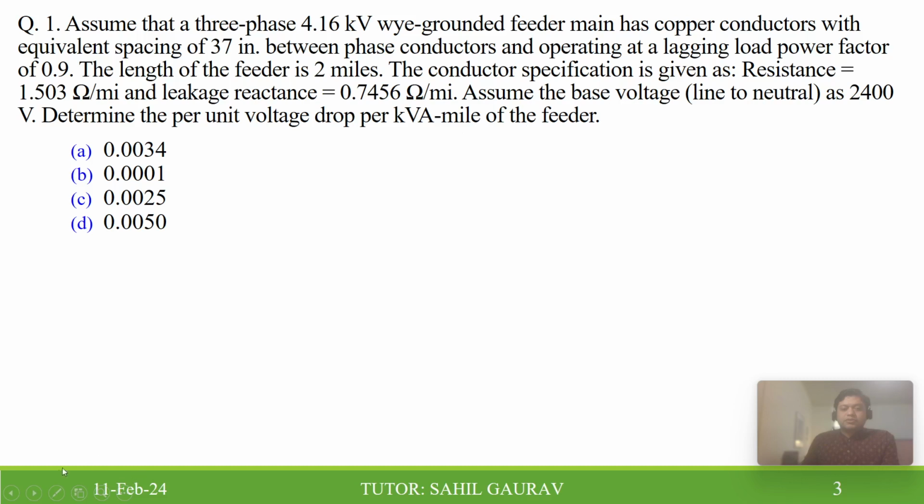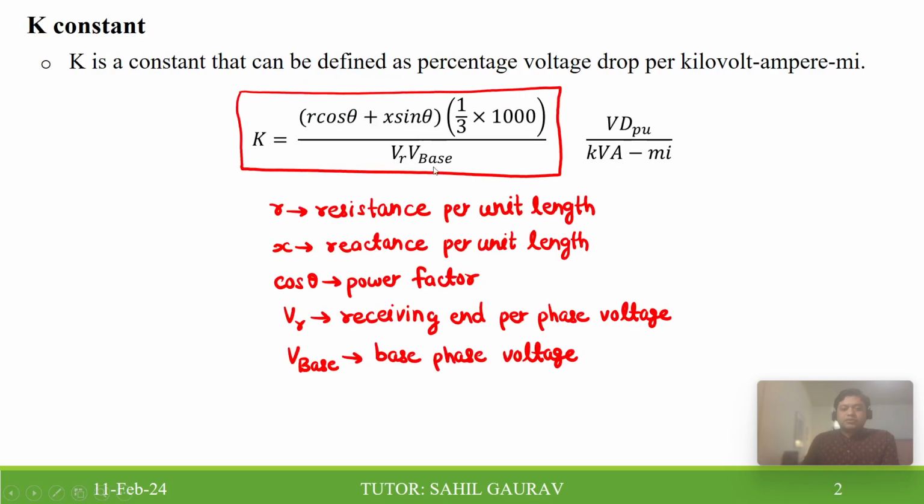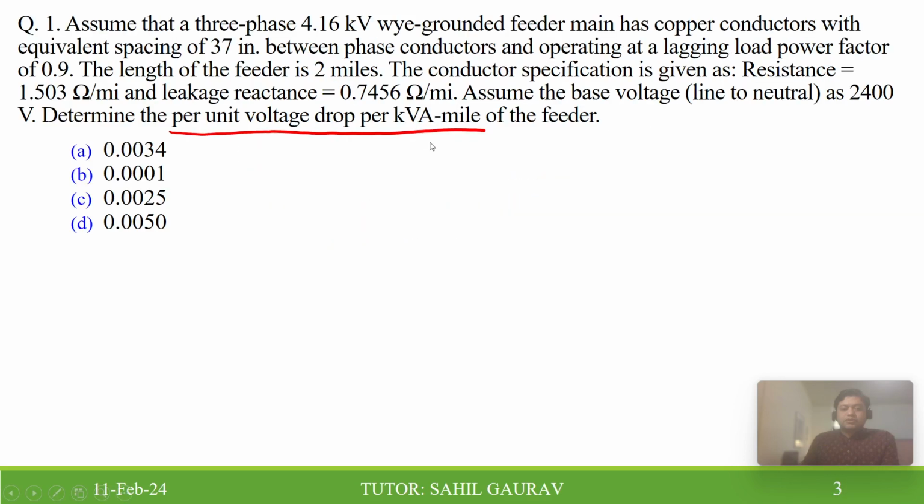And the options are these. As I told you, just use the previous expression, which we have written in per unit voltage drop per kVA mile. So the same expression we are going to use.